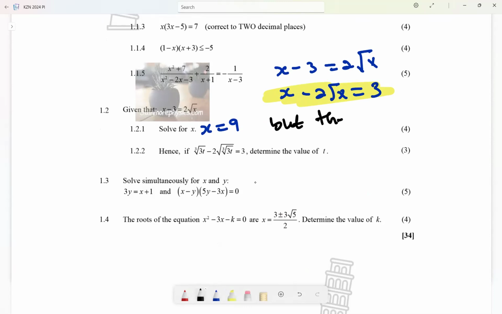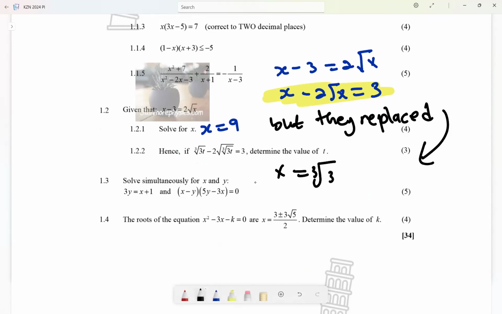But now, they replaced x with cube root of 3t.